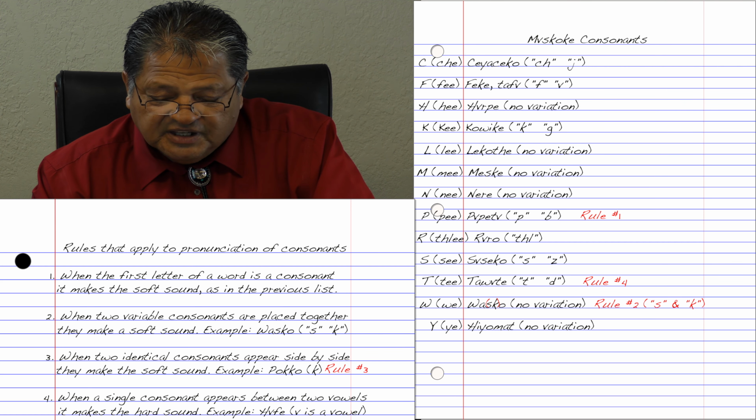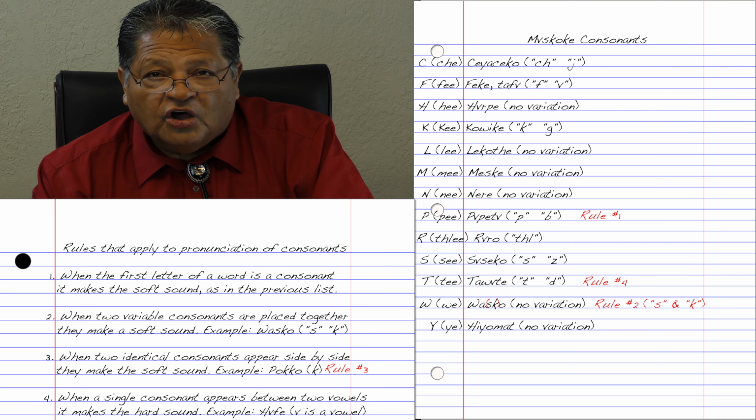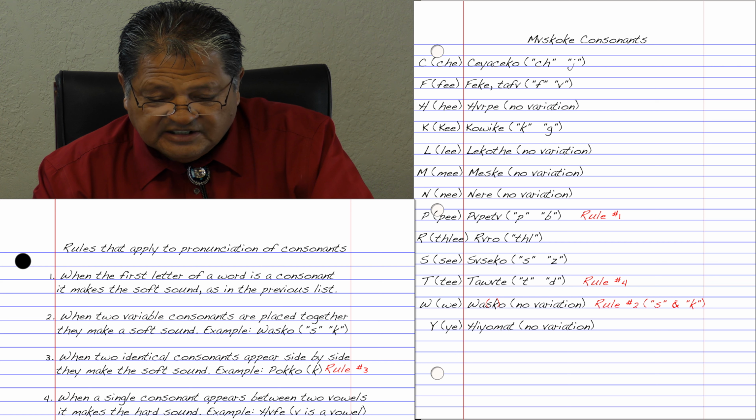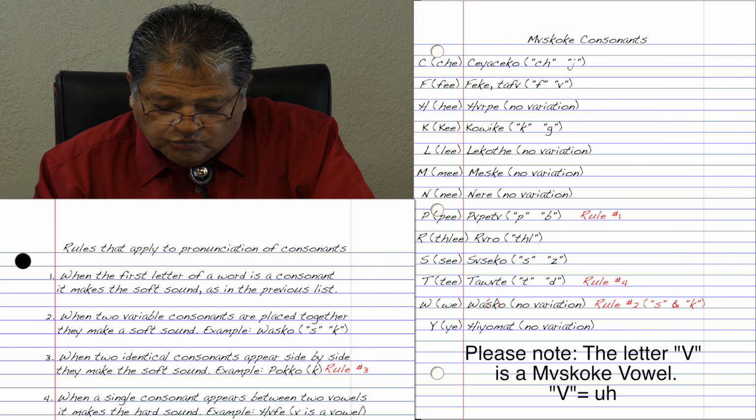You notice that the first use of the letter is soft, t, tawadi, but in the second use it sounds like a D, tawadi. And that's what rule covers that.